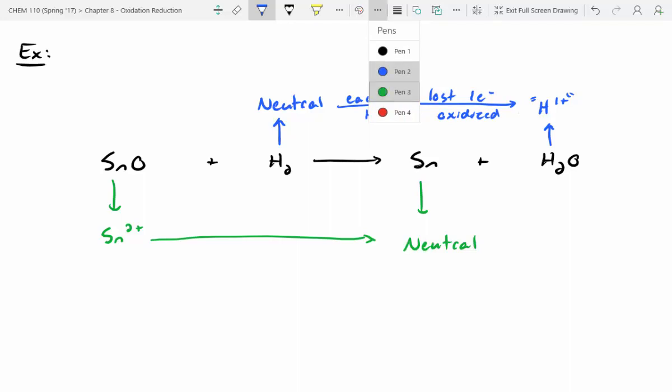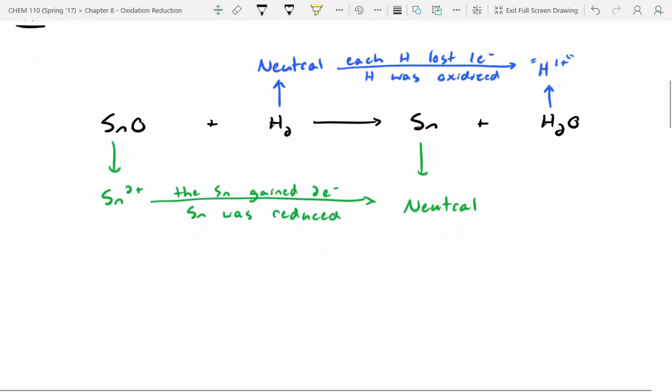All right, and then down here, the tin gained 2 electrons, which means the tin was reduced. All right. So keeping track of electrons, we had 1 tin that gained 2 electrons, so a net movement of 2 electrons in one direction. And then hydrogen, we had 2 of them. Each of them lost 1 electron, so 2 electrons were moved in the opposite direction.